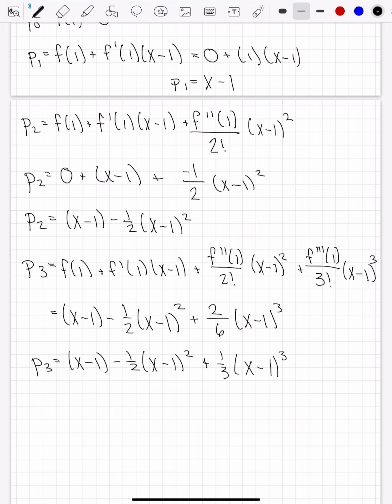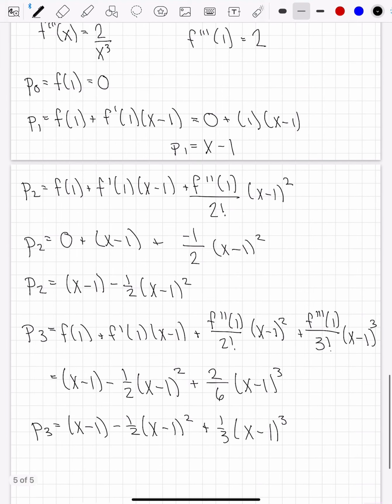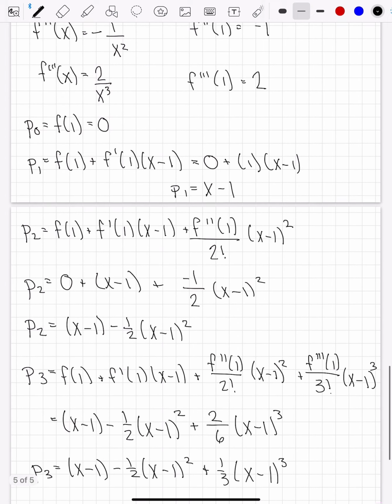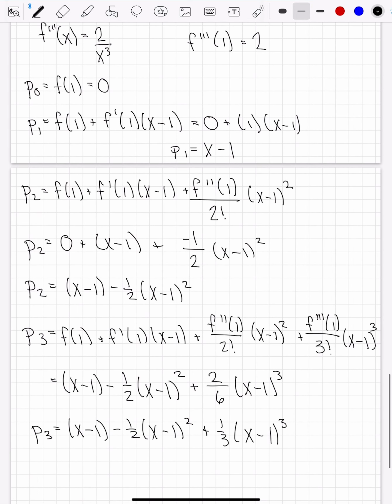It didn't ask us to come up with a formula for Pn, but I feel like it's good practice, because we can see a pattern here.